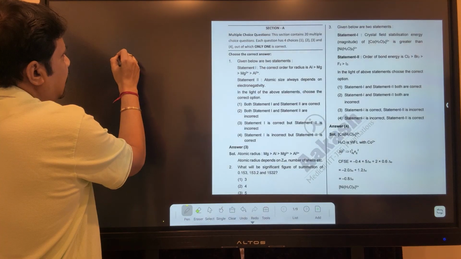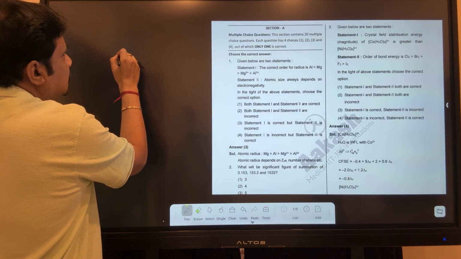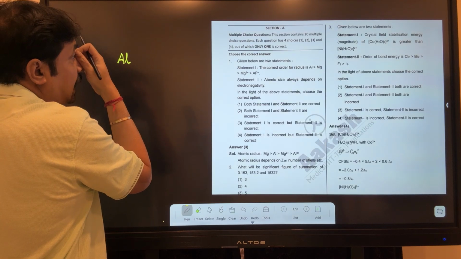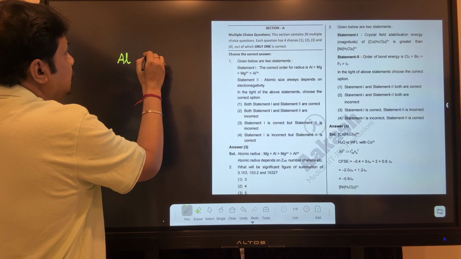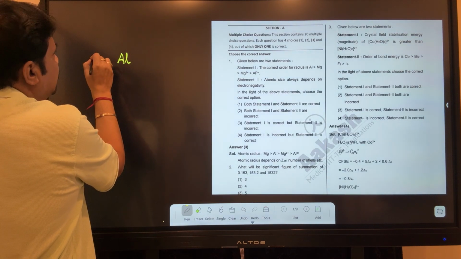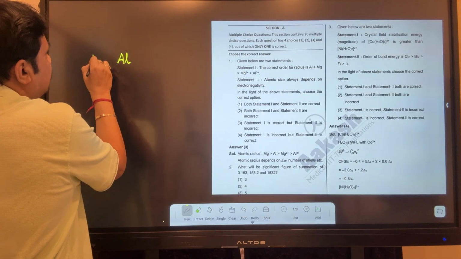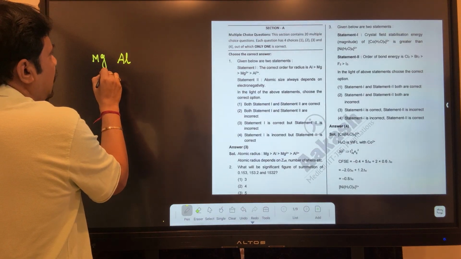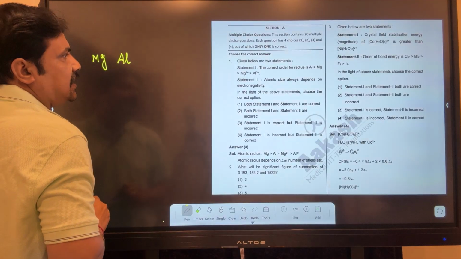If you look at that, aluminum, and after that there will be magnesium. Magnesium is there first, and after that aluminum. Magnesium atomic number is 12, aluminum is 13.